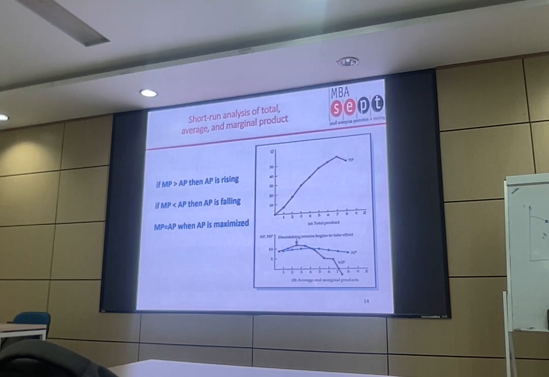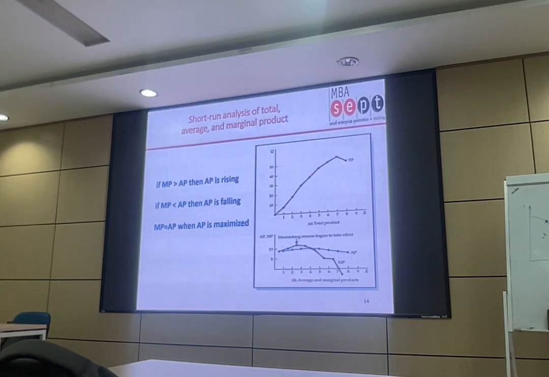However, how do we explain the forms of these two lines, that they take the form of a parabola with a maximum point? Maximum point means not for the initial time. When the input is added more and more, the average product and marginal product tend to increase.